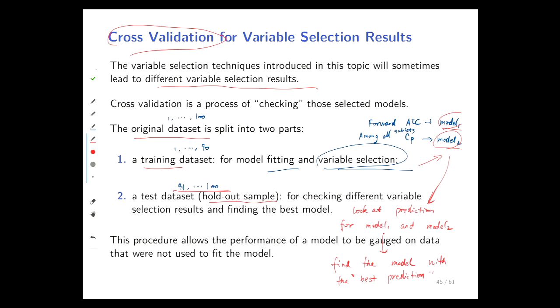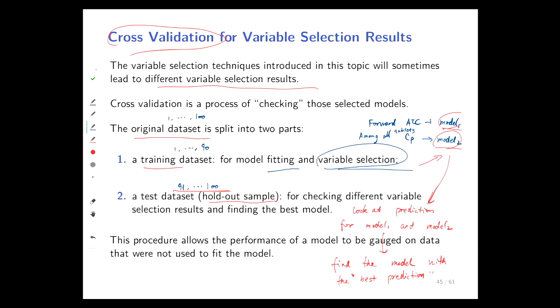That model is your final result of variable selection. That's how we use cross-validation to determine which variable selection method we should use in a specific real data example.